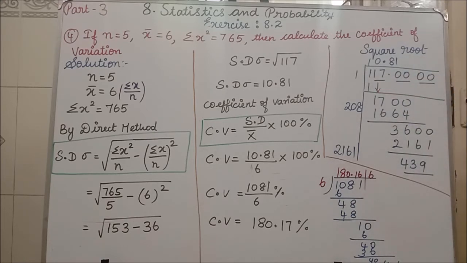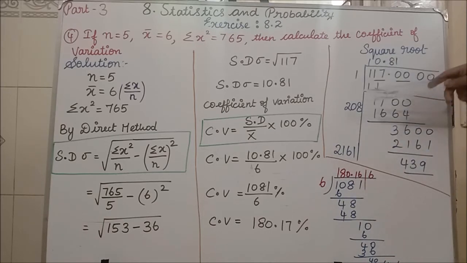Then after bringing the 17, till now what we are having in the quotient? 1. That 1 you have to multiply with 2. Here this 1 you have to multiply with 2. Then whatever number I put here, the same I have to put in the quotient.